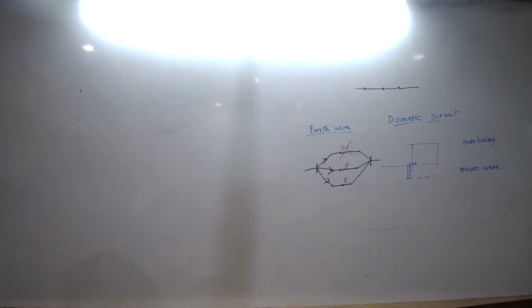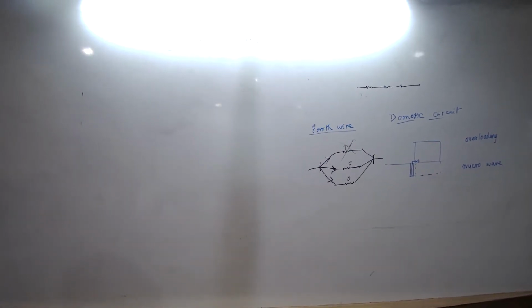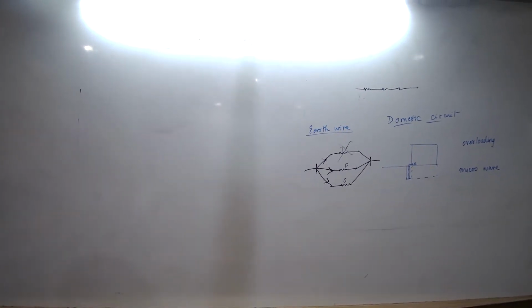Live wire is red insulation. Then neutral is black. We usually do blue or black. And the last one is green color, which is for earth. Last one is earth wire, which is green.